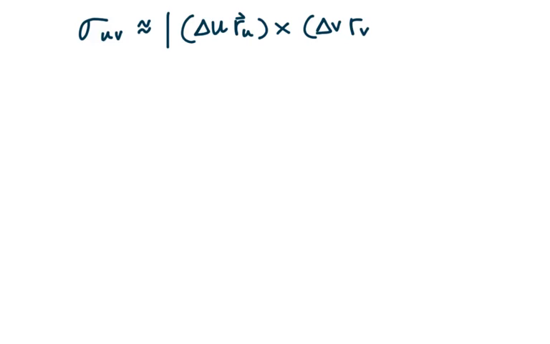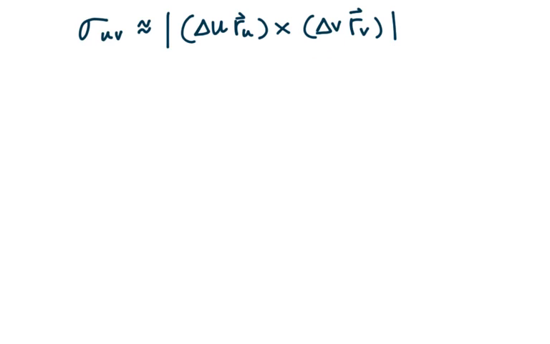So if we think about delta sigma sub UV, that is going to be roughly the magnitude of the scalar delta u, that small horizontal distance, multiplied by the vector partial r with respect to u, crossed with delta v, multiplied with partial of r with respect to v.